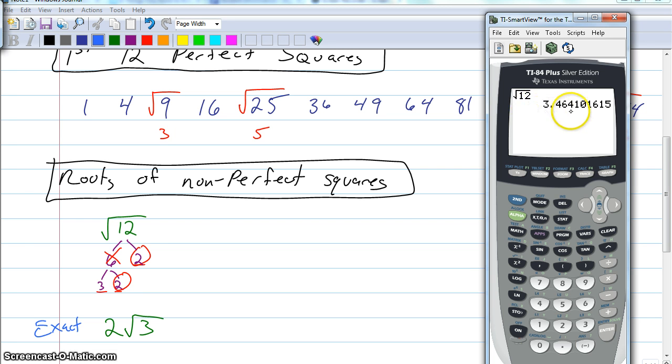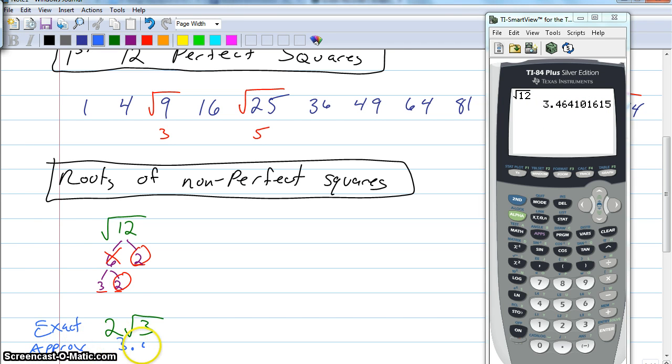This is an approximate answer. The approximate is about 3.46 or so, rounding to 2 decimal places.